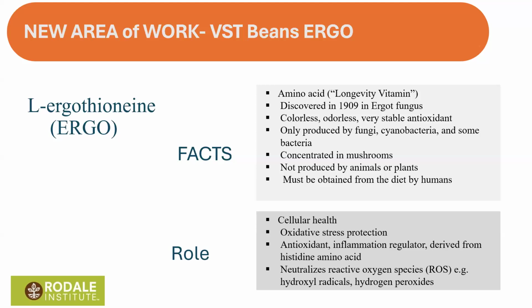Just to mention that ergothioneine was found in soils and in crops such as rye, in crops and soils that mostly have less disturbance, meaning that mushrooms grow in these soils.